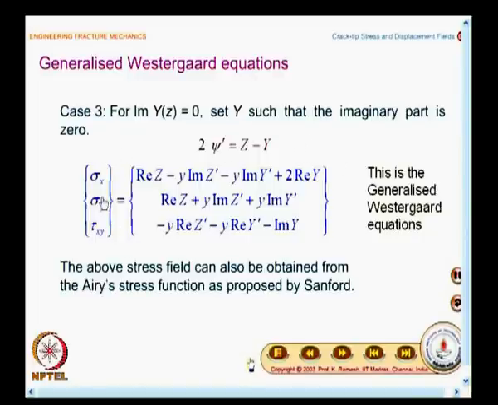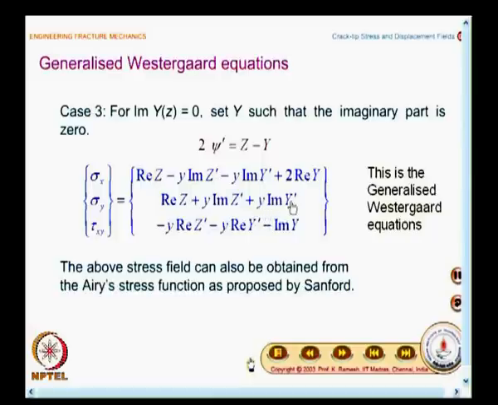I have sigma x, sigma y, tau x y, and this is given as sigma x equal to real part of capital Z minus y imaginary part of capital Z prime minus y imaginary part of capital Y prime plus 2 times real part of Y, and sigma y is given as real part of Z plus y imaginary part of Z prime, y imaginary part of Y prime.